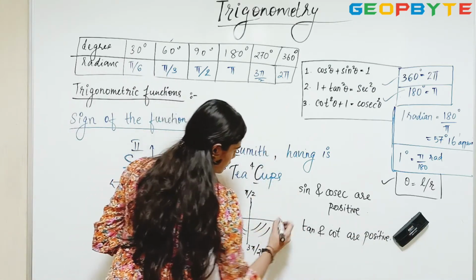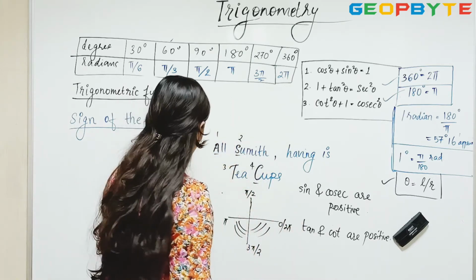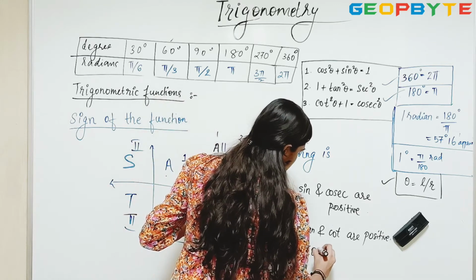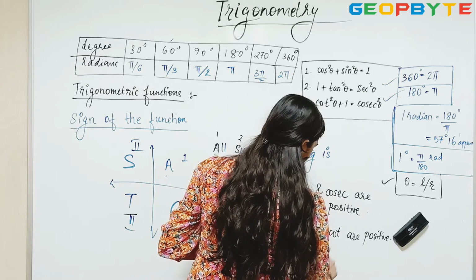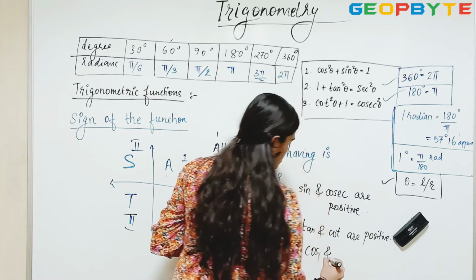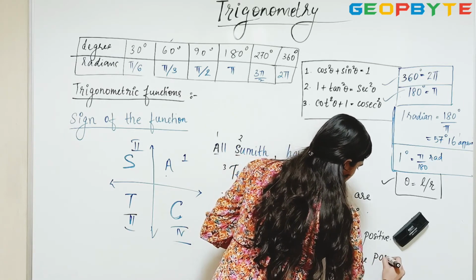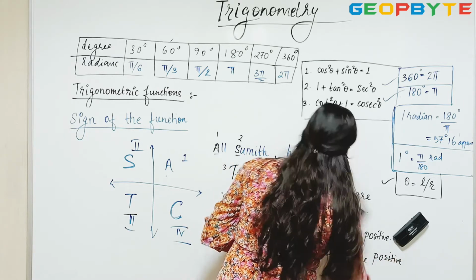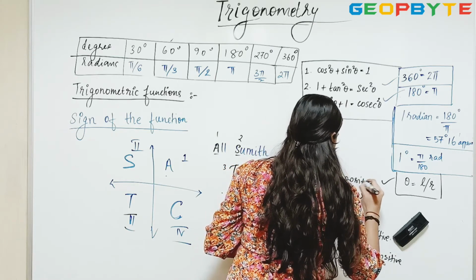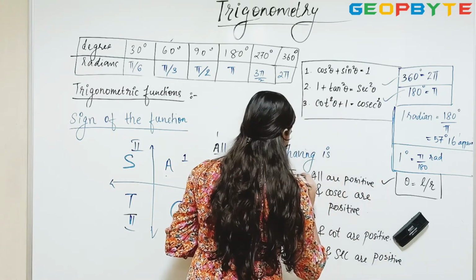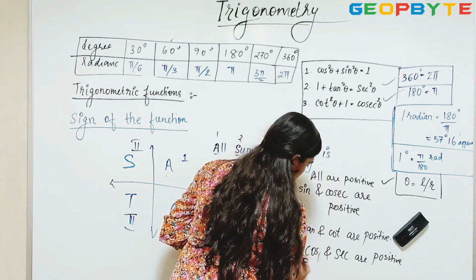This is my fourth quadrant, 0 or 2 pi. So in the fourth quadrant, cos and sec are positive. This is my first, second, third and fourth quadrant.